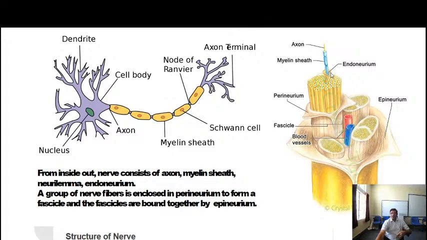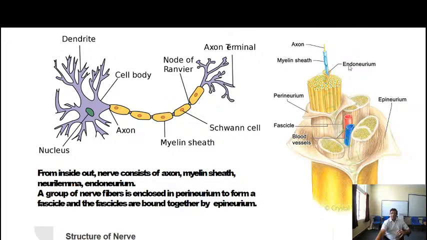it is covered by endoneurium. Endoneurium is the first layer which covers the axons. Then these together form a bundle, and they are in turn covered by another sheath which is called the perineurium, and these form the fascicles of the bundles, and such bundles once again are together bounded by another tough layer which is called the epineurium.